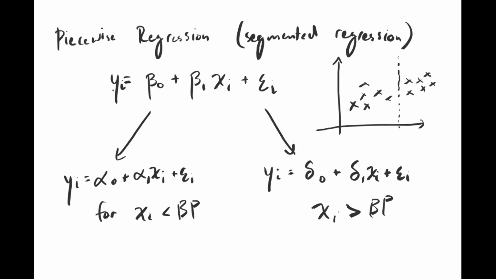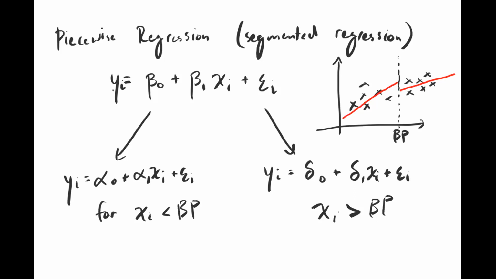Then all you're doing is fitting a regression line like that. So that's called piecewise regression or segmented regression, and it's going to create a breakpoint BP to separate the data, and then you calibrate your regression individually, and you get these two regression lines that look something like this.